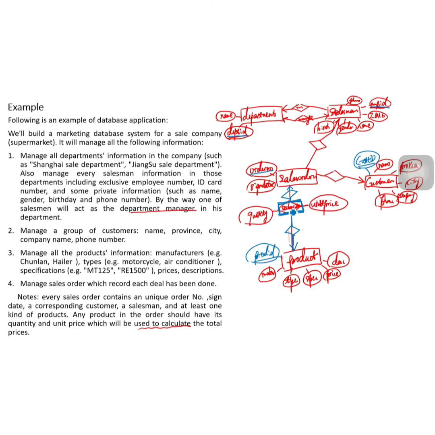We can use the primary keys of the other entity sets to identify a sales item. How to identify a sales item? In a sales order and product. So we can use the primary key of sales order and the primary key of product to identify it. So then sales item is a weak entity set.